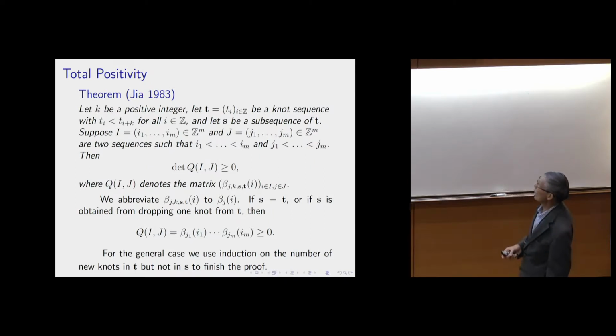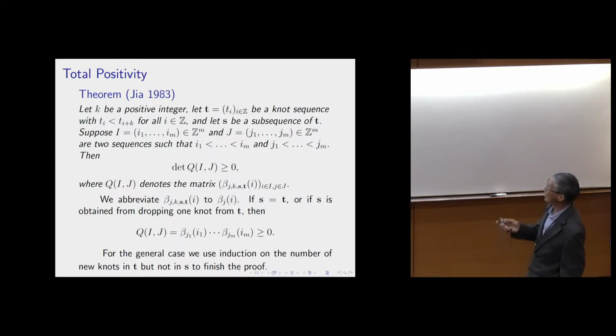As Carl de Boor suggested, I did this in 1980 and published it in 1983. Total positivity of the B-spline collocation matrix was already known, okay? But for discrete B-splines, the proof is really quite easy.